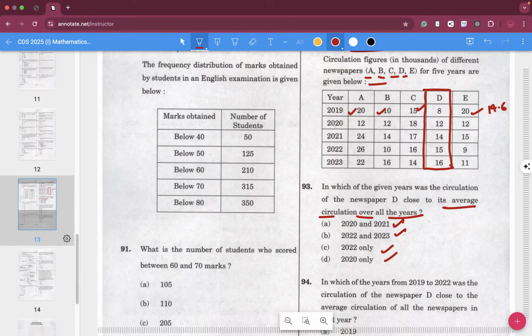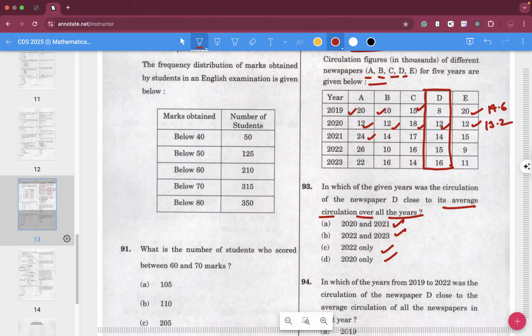Okay, 2020, how much is that? 12 into 4 is 48, and one more 12, 48 plus 12 is 60, 60 plus 6 is 66. 66 by 5 is 13.2.